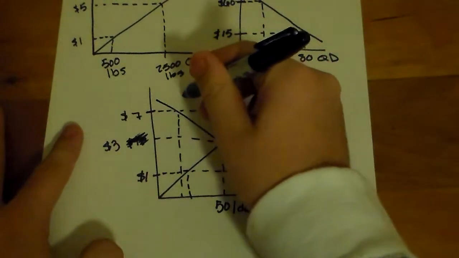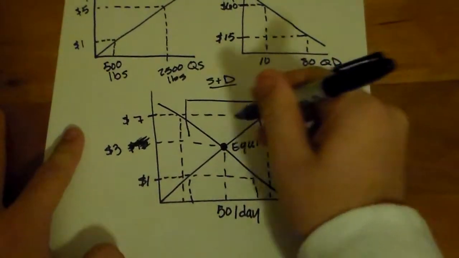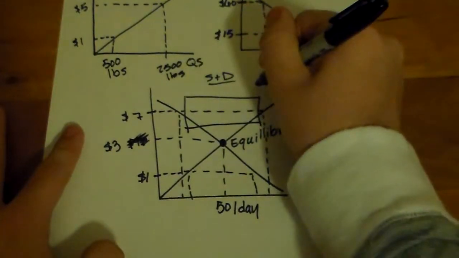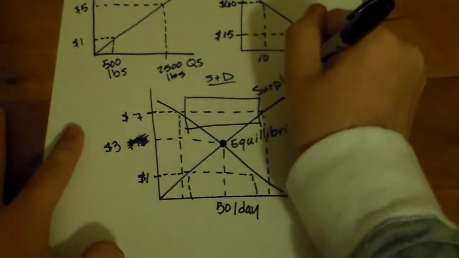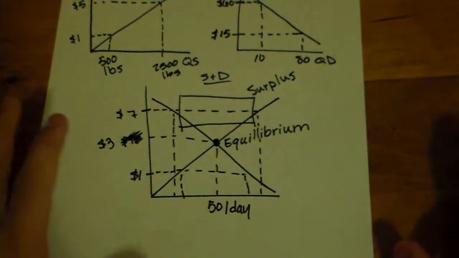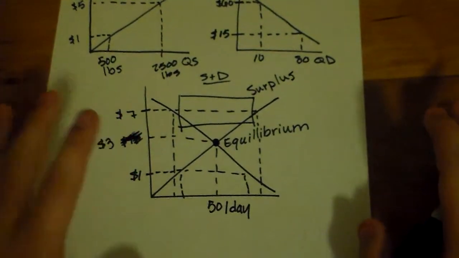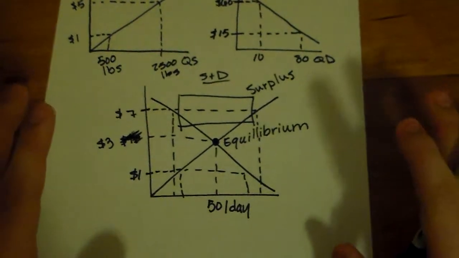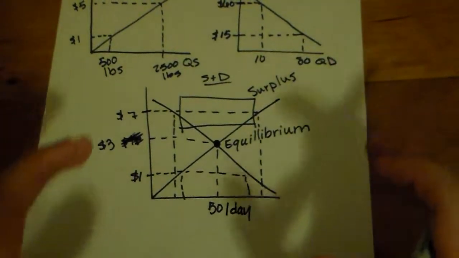Because what you have up here with the $7 part is called a surplus. So out there, up in the surplus area, you will have more than what you sell.